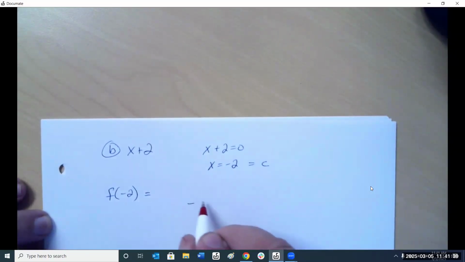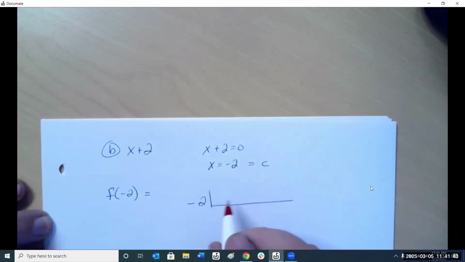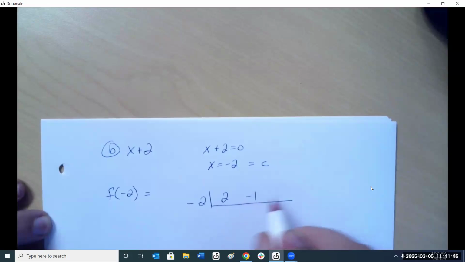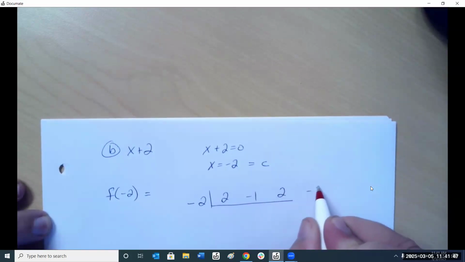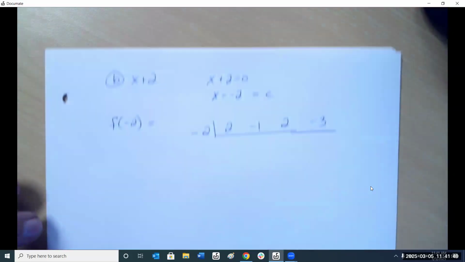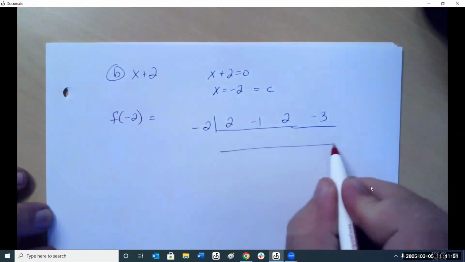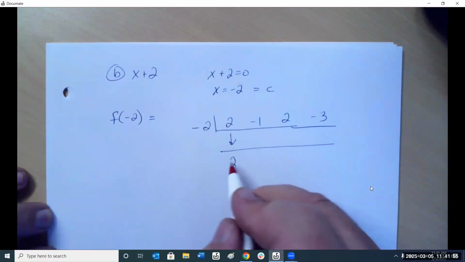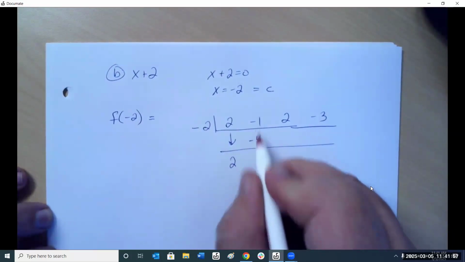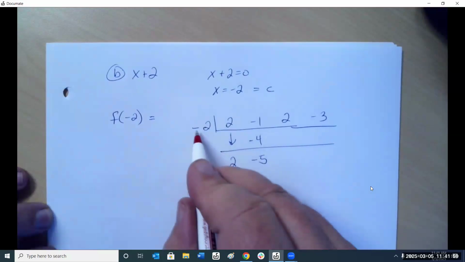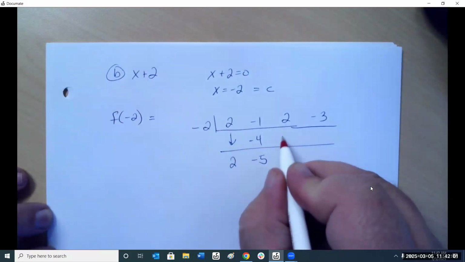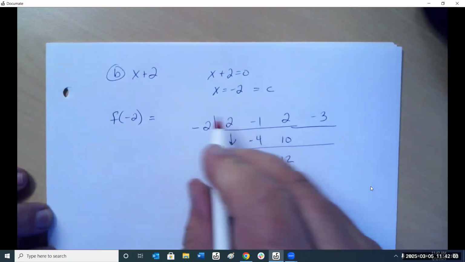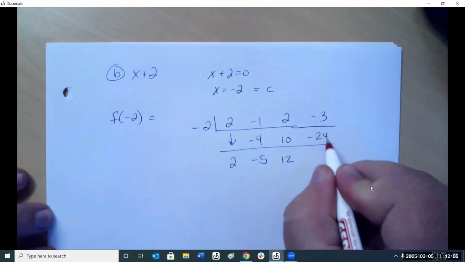So I use synthetic division. 2, -1, 2, -3. -2 times 2 is -4. Negative times negative is positive. 2 times 5 is 10. -24.